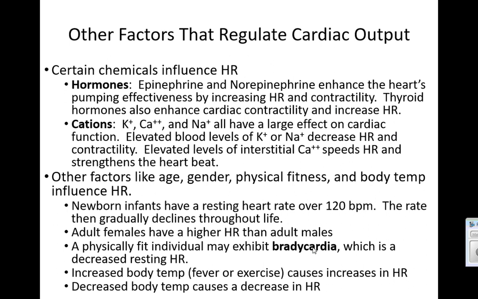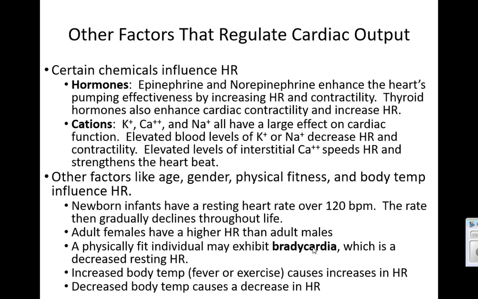Other things can affect cardiac output. Hormones. I've already mentioned this, like epi and norepi, increase heart rate and contractility. So they both increase cardiac output, or both aspects of cardiac output. The thyroid hormones T3 and T4 do the same thing. Increase stroke volume by increasing contractility and heart rate.